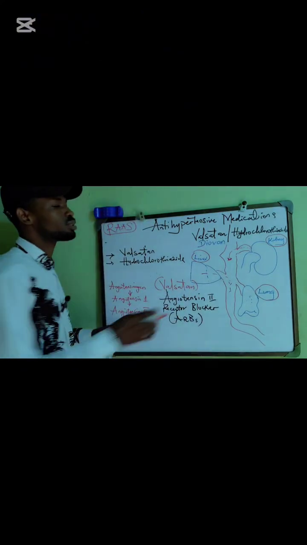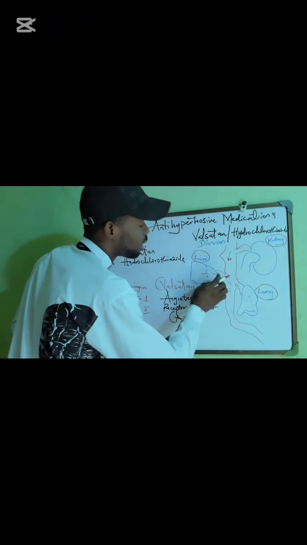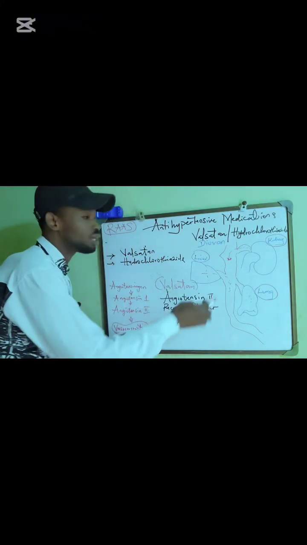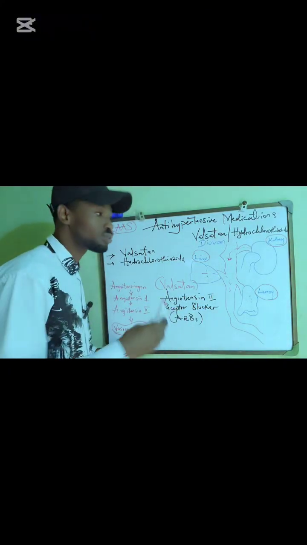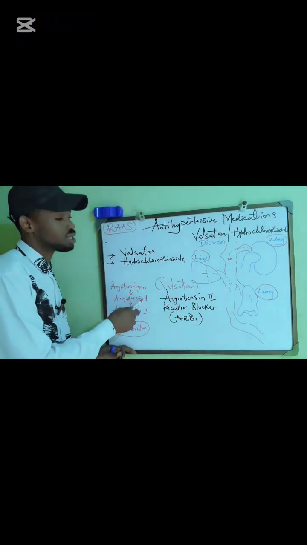What this renin is going to do is attack the angiotensinogen that was released by the liver. The renin will convert angiotensinogen into angiotensin 1.